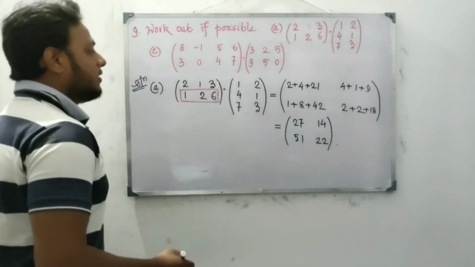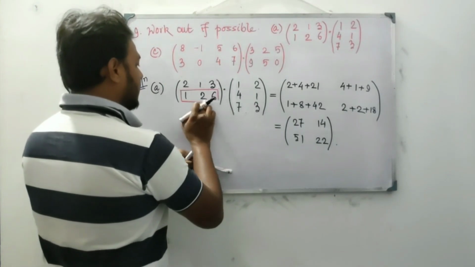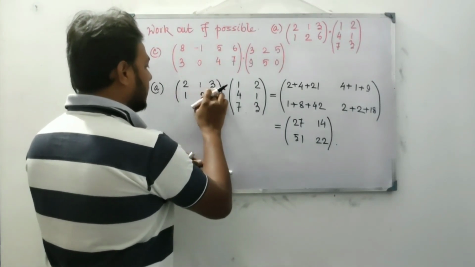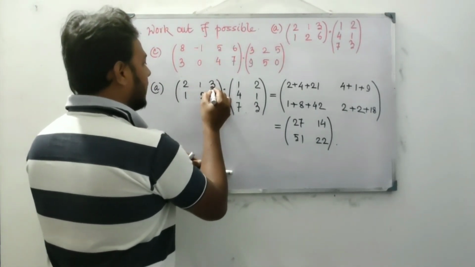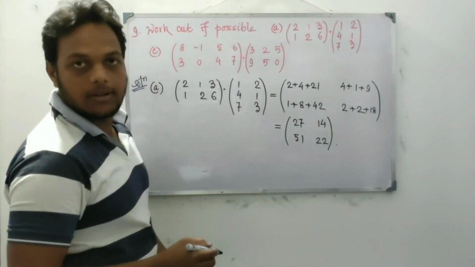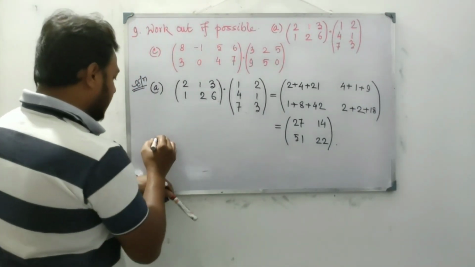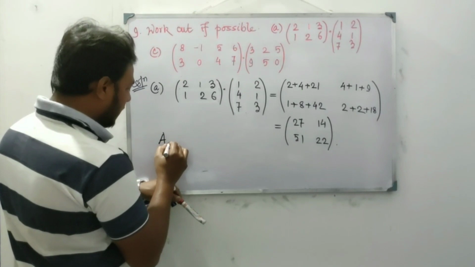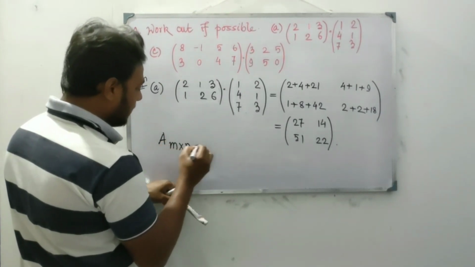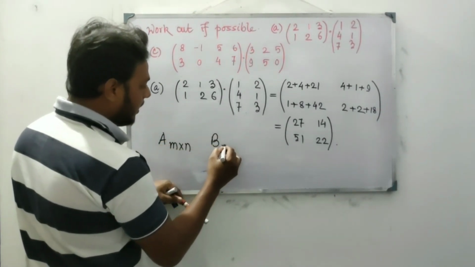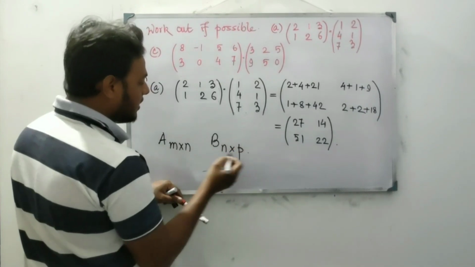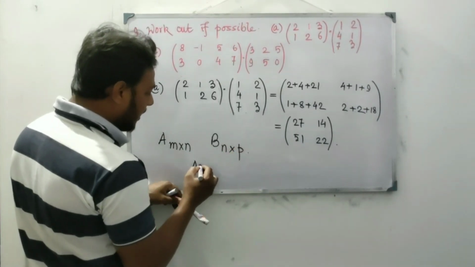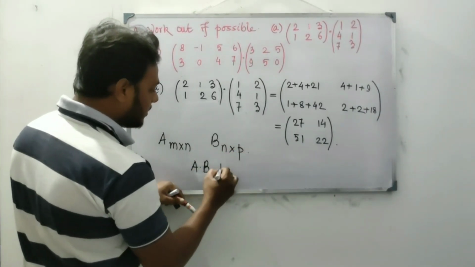So matrix multiplication is possible here, but before solving this problem, you have to declare that matrix multiplication is possible here. So what was the condition? Suppose A is a matrix of order m cross n, and B is another matrix of order n cross p. Then matrix multiplication A dot B is possible.